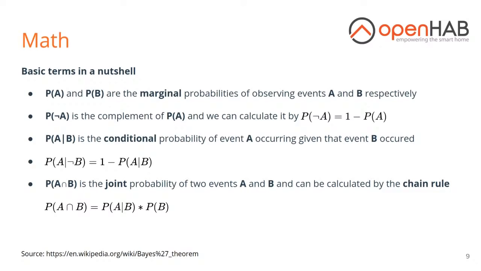Each event, especially if it's binary based, has a complement and it can be calculated by 1 minus the probability of the real event.